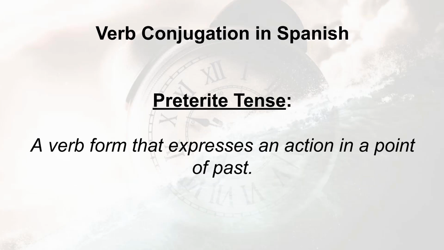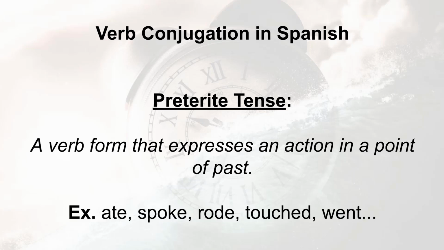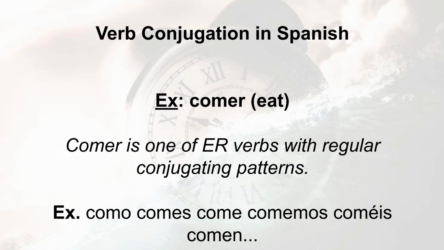Preterite tense is defined as a verb form that expresses an action at a point in the past. So examples in English would be ate, spoke, rode, touched, went, etc. Let's examine the preterite tense using the example of the verb comer, to eat.